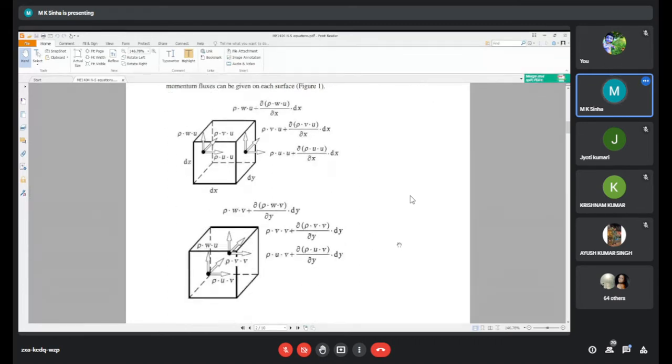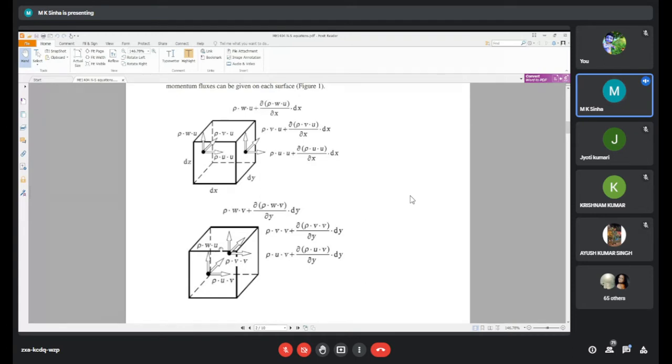Second, here is written the y direction. So velocity component v is multiplied with each mass: rho u v, rho v v, rho w v. Here, see, this is v, not u.